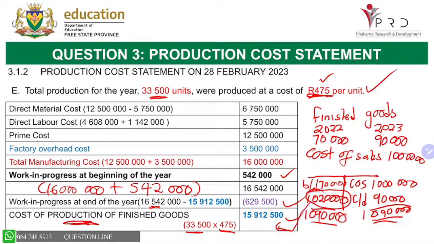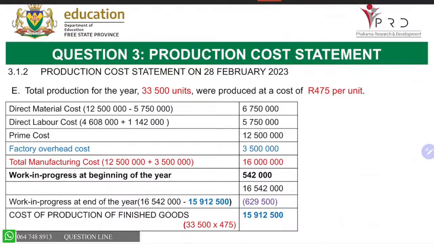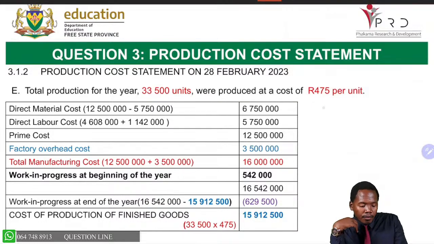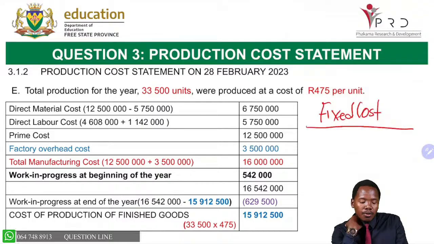Okay. Now, apart from this, I want us also to touch a little bit on our break-even point. What is the formula for the break-even point? Just for a quick revision, remember our formula says fixed cost. This formula sheet will be given to you.